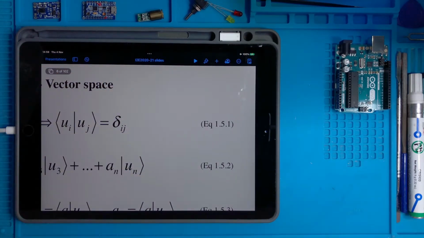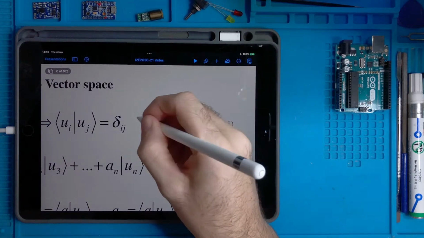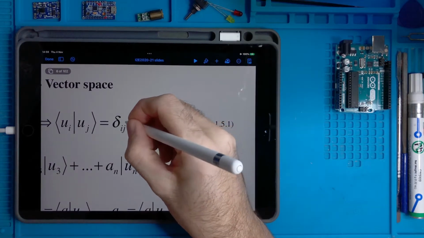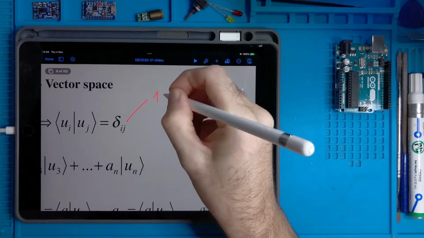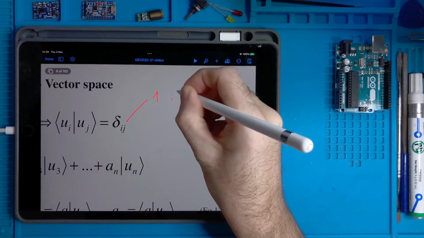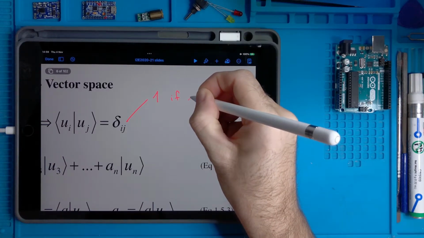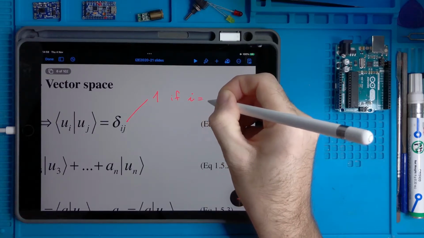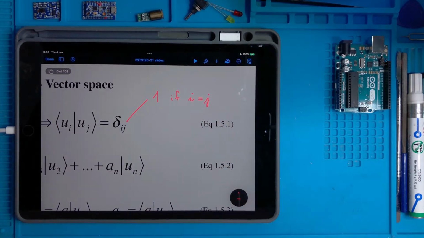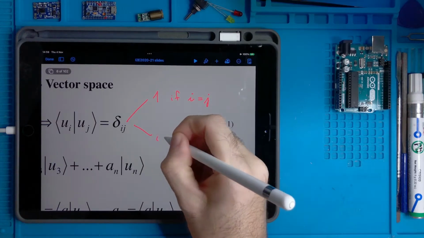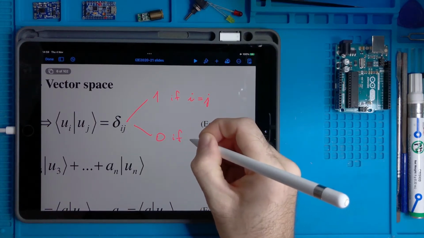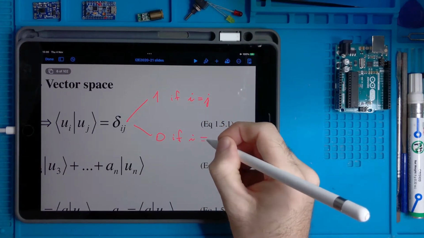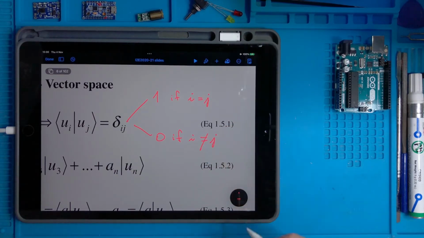Delta ij is 1 if the index i equals the index j, and 0 if the index i is different from the index j.